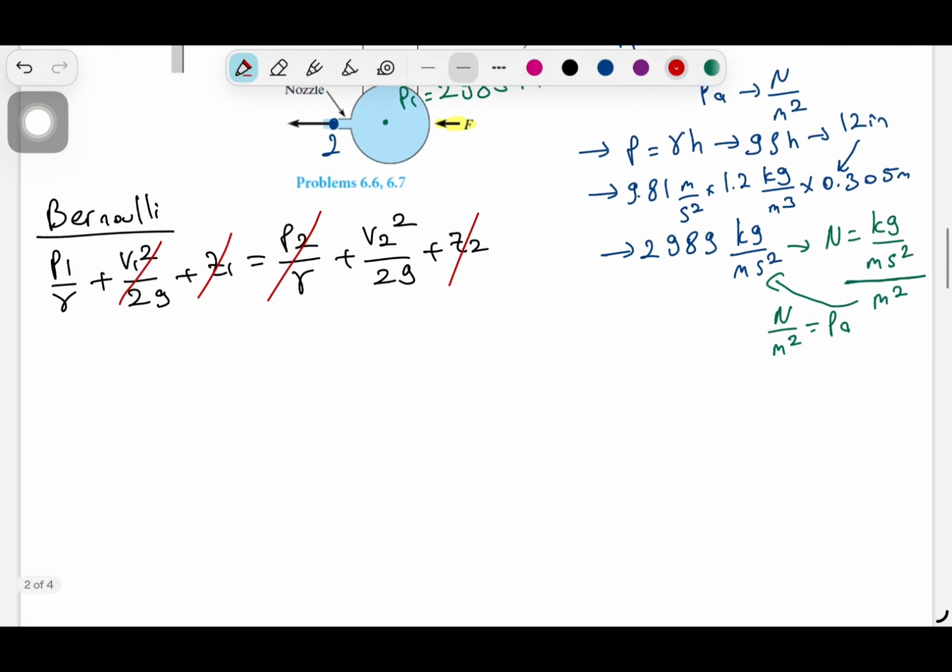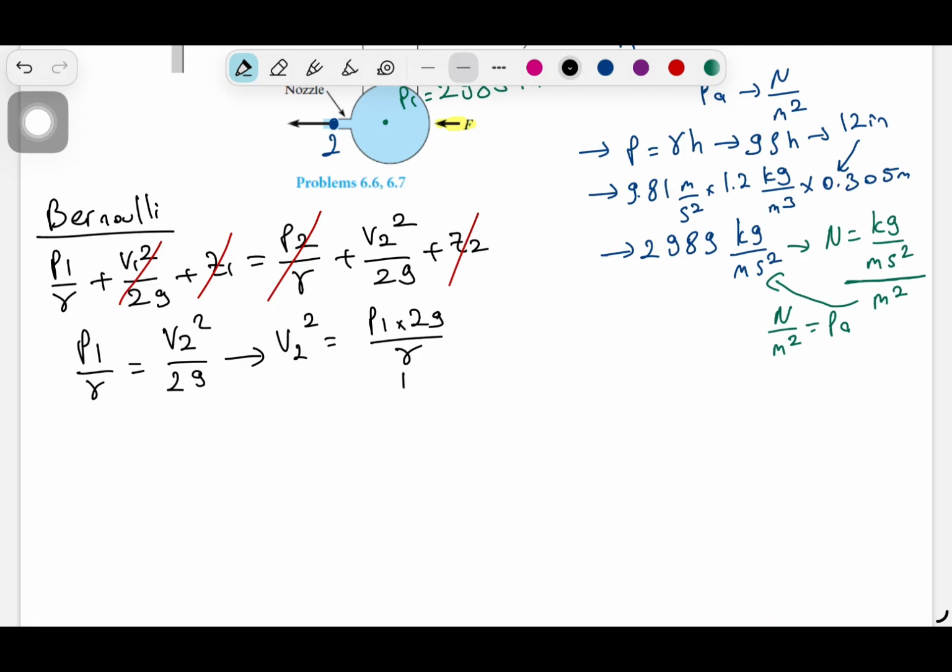So the only remaining term is the pressure over specific weight, which is equal to V square over 2g. From that, V2 square, which is the exit velocity, will be equal to P1 times 2g over specific weight.